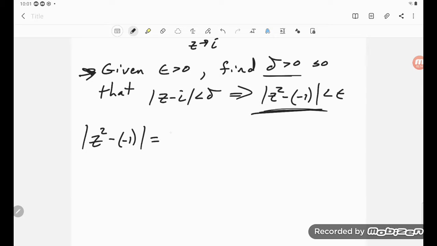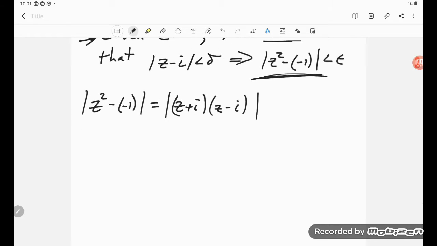Now that factors: this is z plus i times z minus i. And so I'm going to actually write that one first. So this is the absolute value of z minus i times the absolute value of z plus i.